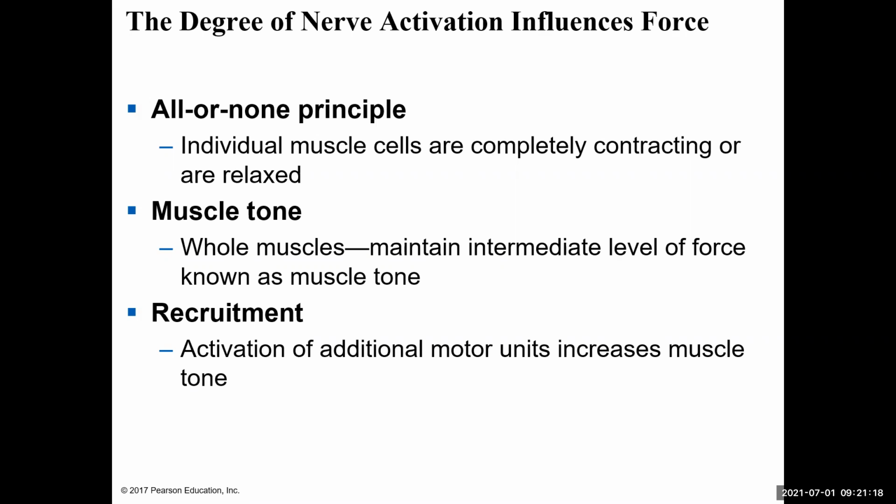Now, muscle tone is related to whole muscles and the fact that they're maintaining an intermediate level of force. This is what we refer to as muscle tone. And then the last term we want to be familiar with is recruitment. Recruitment is just activating additional motor units to create more muscle tone.